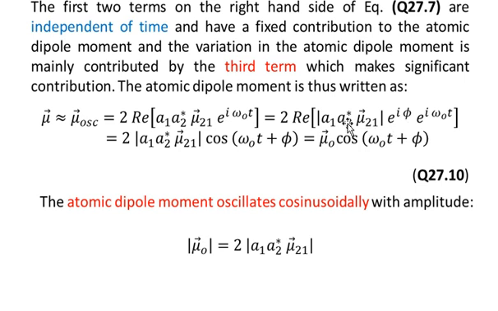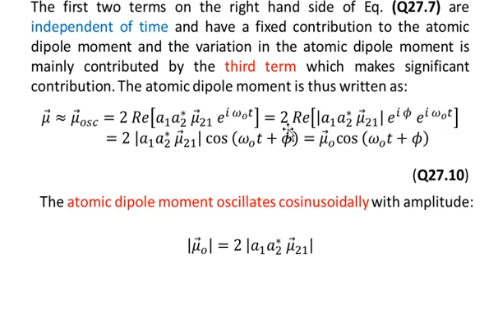That is, we have written this complex quantity as the magnitude of a complex quantity multiplied by its phase value. So we have written the last expression in the first row as equal to 2 into the real part of mod of A1 A2 star mu 2 1 multiplied by its phase value, which is e to the power iota phi, and then we have the term e to the power iota omega naught t.